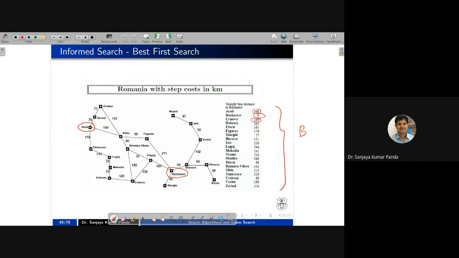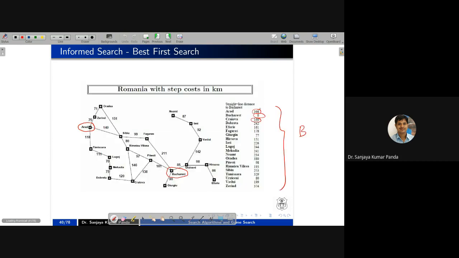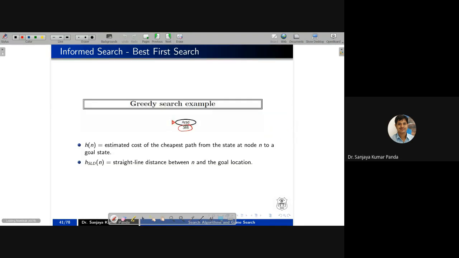The straight line distance is 366. So I have written here 366. You can find here, the first value is 366. It is nothing but the estimated cost of the cheapest path from that particular state at node N to the goal state, meaning Arad to Bucharest. The distance is 366.